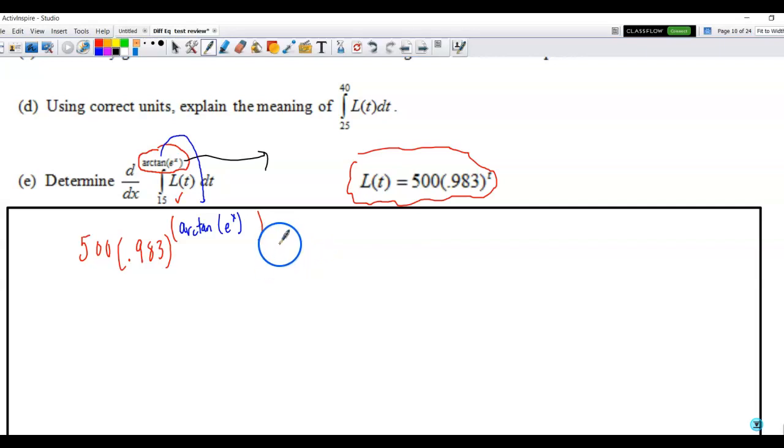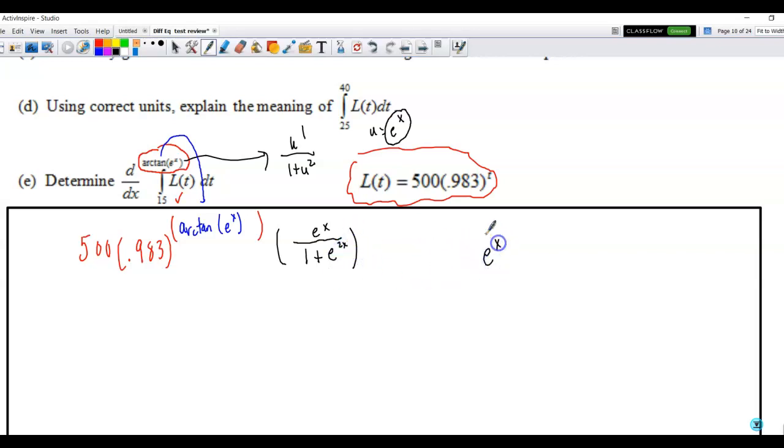So I'm going to need to find the derivative of arctangent, and I remember that the derivative of arctangent of u is u prime over 1 plus u squared. In this case, u is equal to e to the x. So the derivative of e to the x is e to the x. So e to the x over 1 plus u squared, so e to the x squared is e to the 2x.